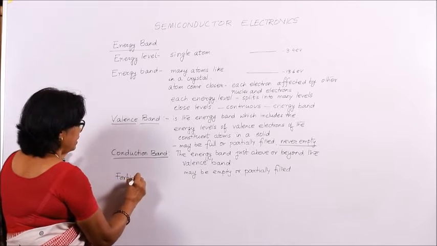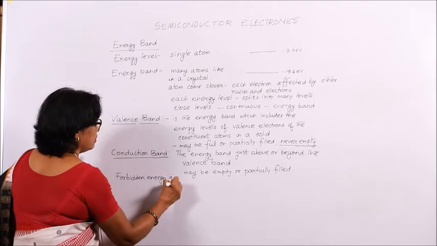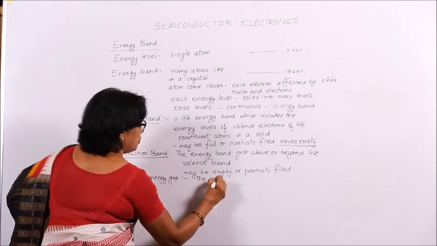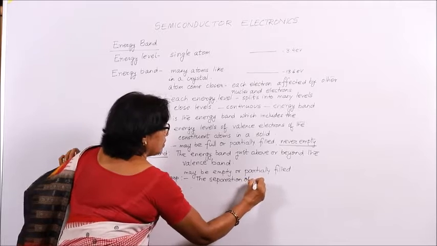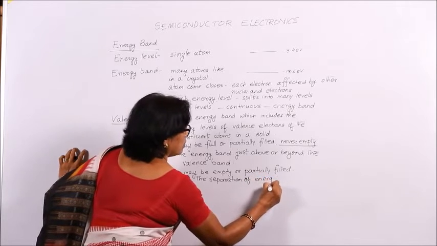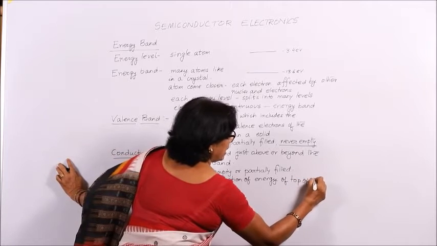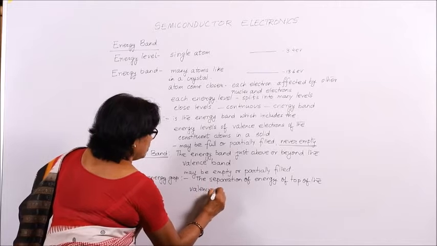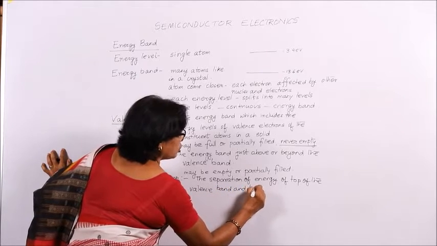The forbidden energy gap is the separation of energy between the top of the valence band and the bottom of the conduction band.